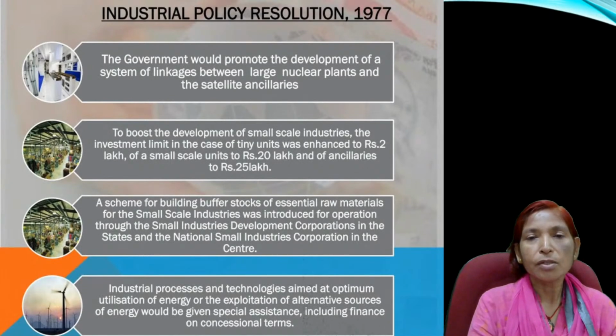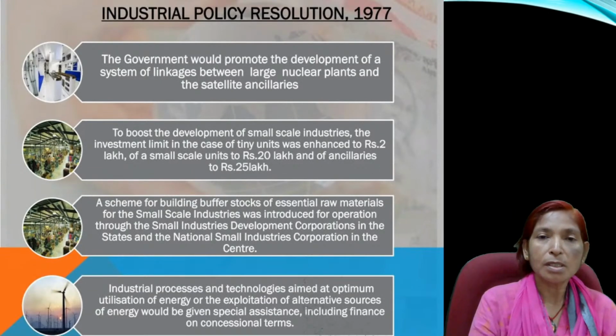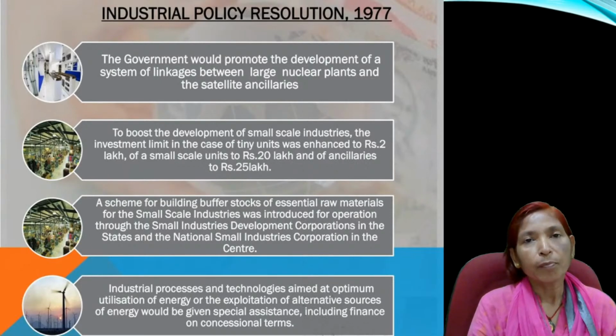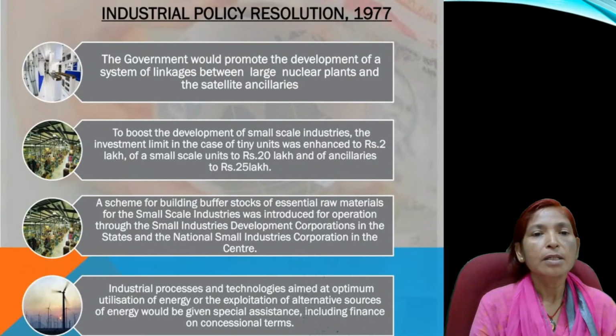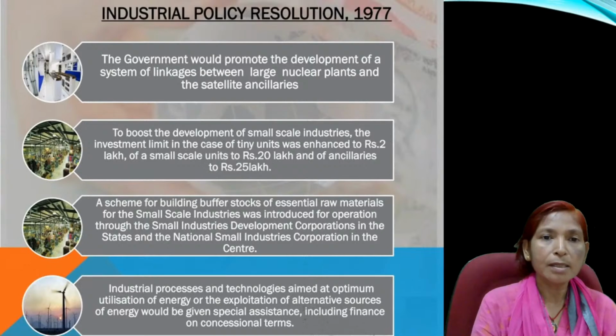This industrial policy of 1977 mainly focuses on the small scale, micro and tiny industrial sector, and provides some concessions and benefits to small scale enterprises, and the government promotes some nuclear plants and satellite ancillaries.